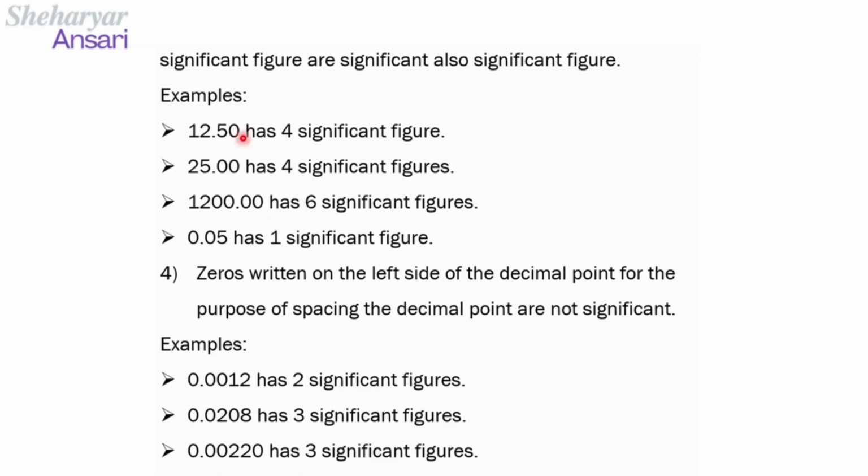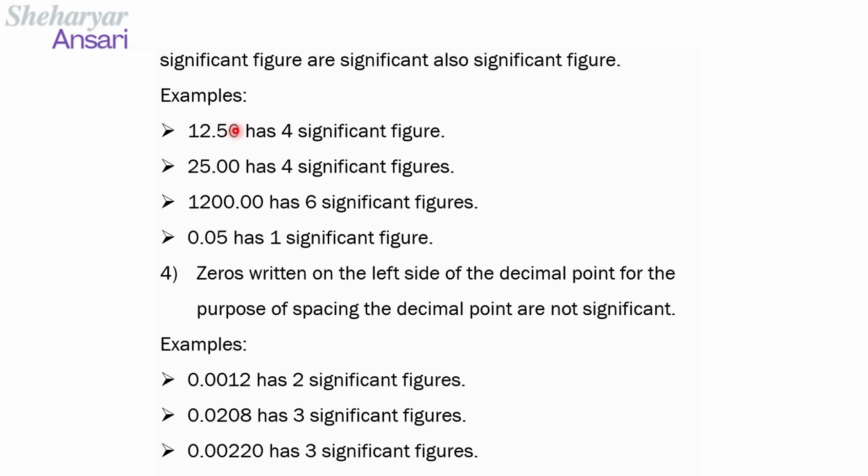Next rule number 3. In this rule we talk about the final or ending 0. This 0 is an ending 0, a final 0, on the right in a decimal fraction. This 0 is ending, after the decimal, and also after a significant figure, so this 0 will also count as a significant figure.